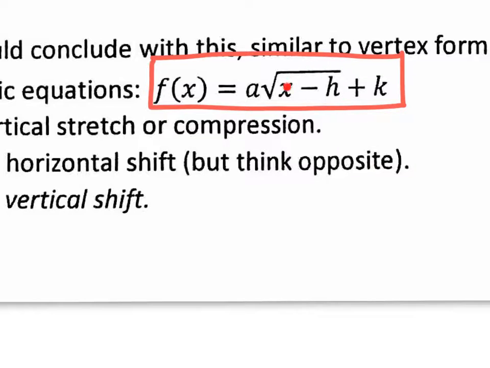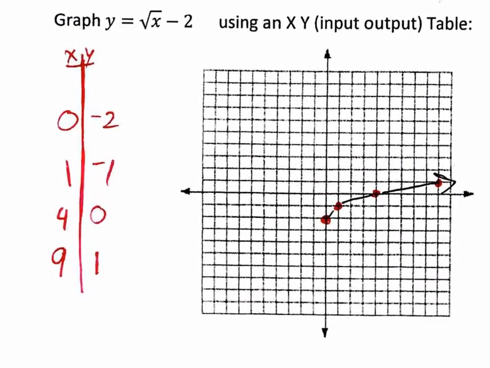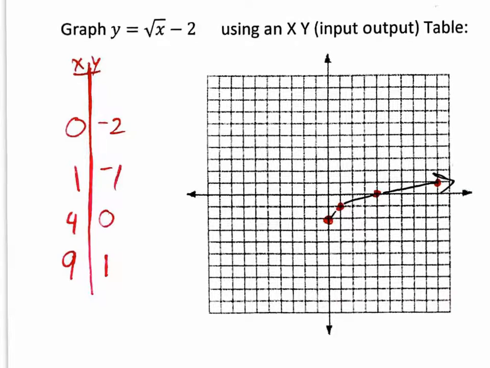The h value is always with x inside parentheses, in this case inside the square root, and the k value is always the number at the very end that's being added or subtracted.